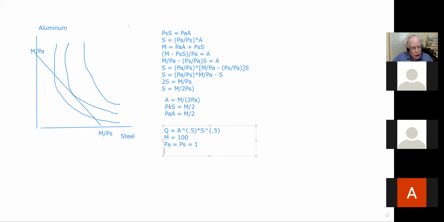So to calculate the number of automobiles that we are producing, we will need to first calculate the amount of aluminum and steel that we are using. Using our input demand functions for steel and aluminum, we have the steel is equal to 100 divided by 2, and then the price of steel is 1.